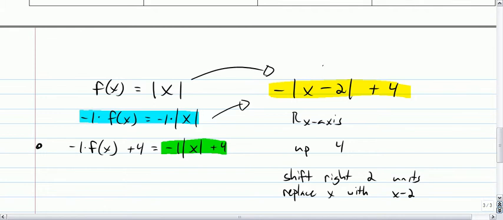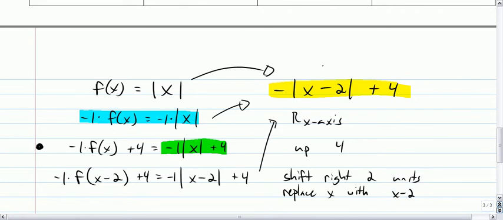So I'm at this line right here. I'm going to recopy it, but every instance of x will get replaced with x minus 2. Negative 1 f of x minus 2 plus 4 equals negative 1 absolute value of x minus 2 plus 4. So if I compare that back to the target, the goal, I have it.